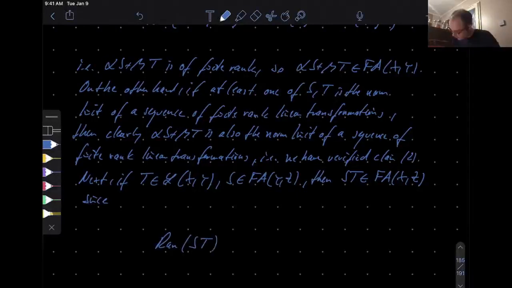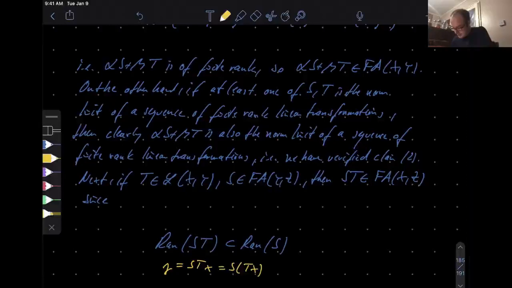The range of the composition is a subset of the range of the one on the left. It's easy, right? If you have an element y in here, then y is of the form s(t(x)). Then you just use a bracket here. That immediately tells you that y is in the range of s, so you have this trivial subspace inclusion.